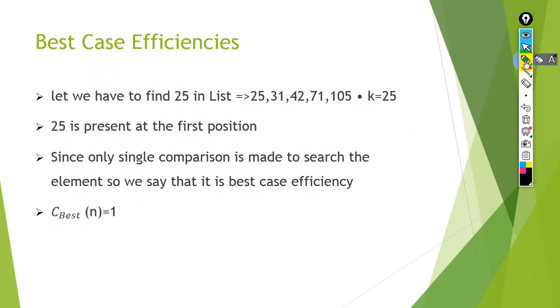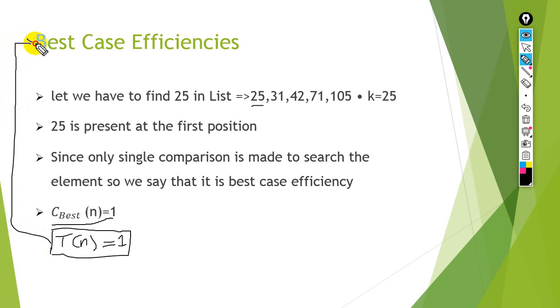The time it will take is equal to 1, meaning only one comparison is made when we want to find the first item. So the time complexity T(n) is equal to 1, it executes one time.